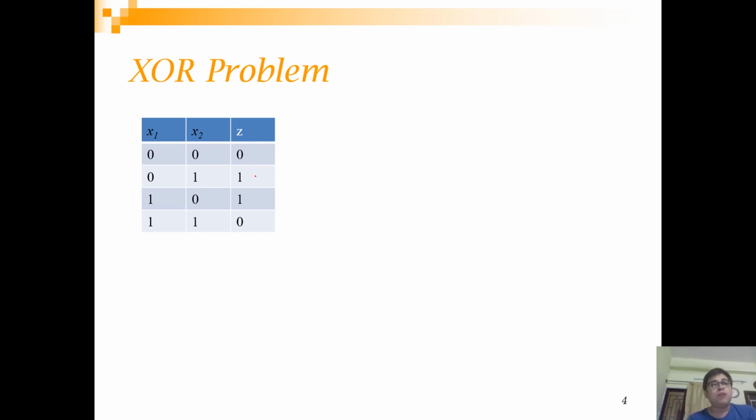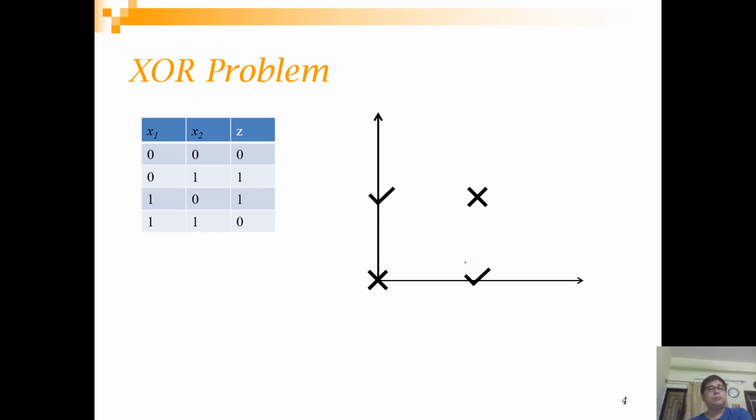First of all, we will inspect whether they are linearly separable or not. Let's draw them in a scatter plot and see. These are your zeros and these are your ones. Now the question is, can I somehow draw a line which separates these two classes? If you pause for a moment, you will realize that no, this is not the case. I cannot draw a line and separate them. Probably I need two lines for that.